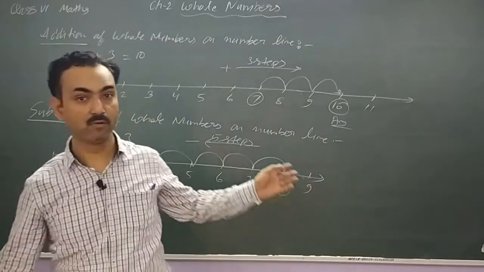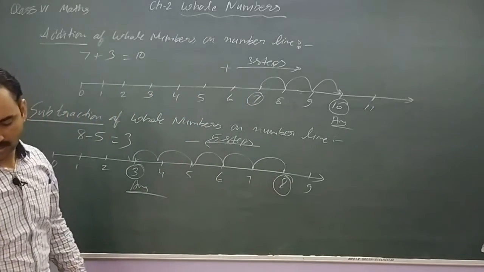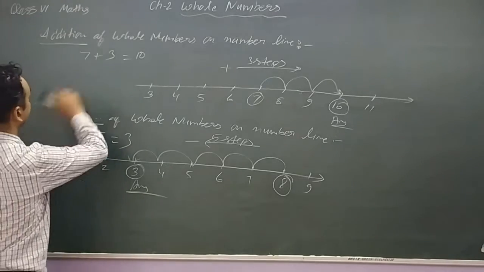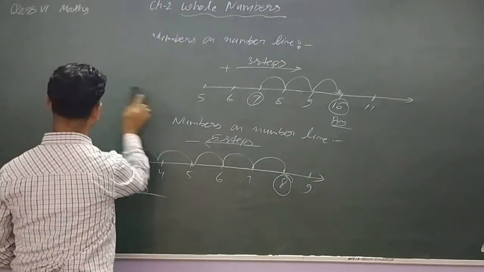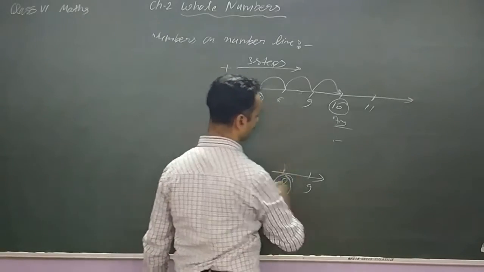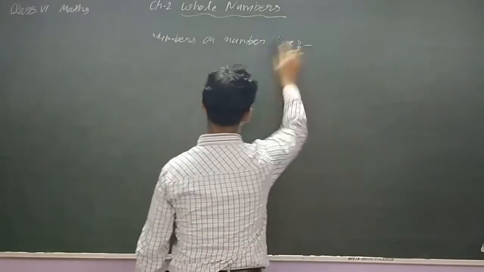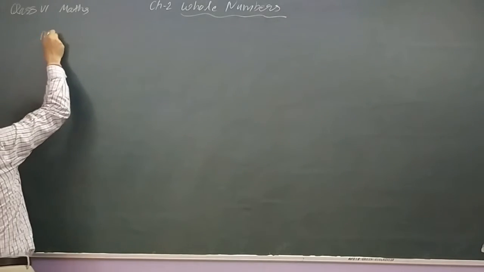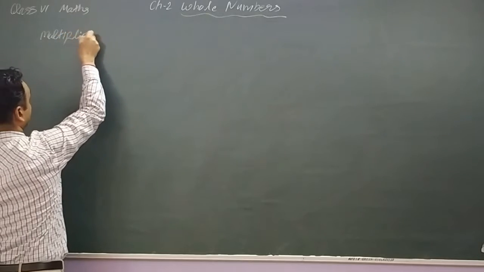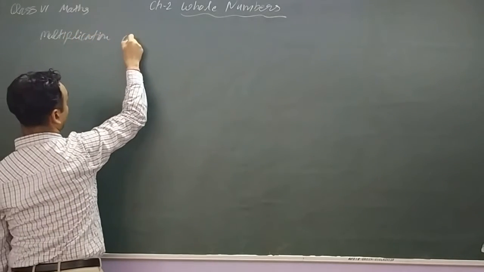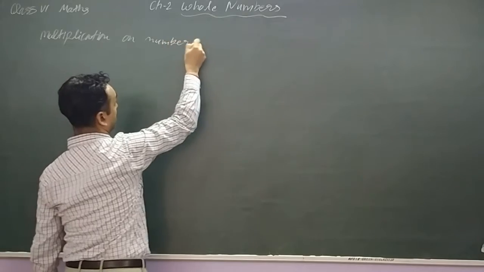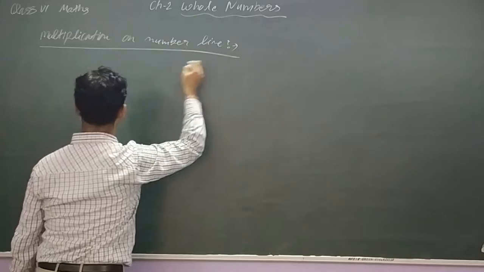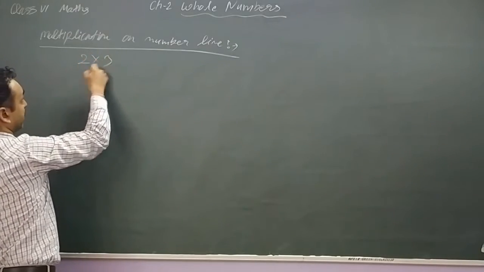So you have understood how to do addition and subtraction on the number line. Now we'll do multiplication on the number line. Suppose you want to do 2 into 3.